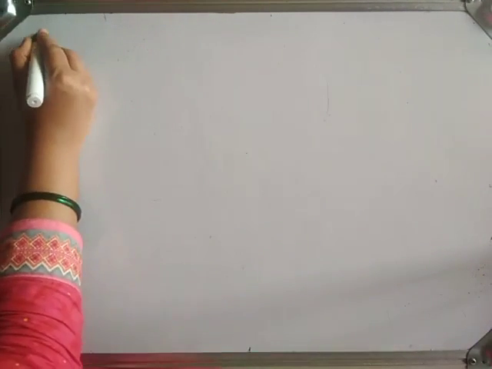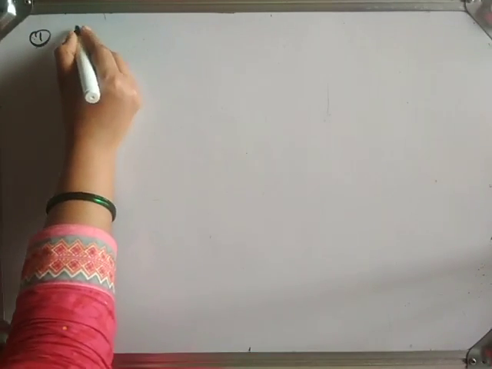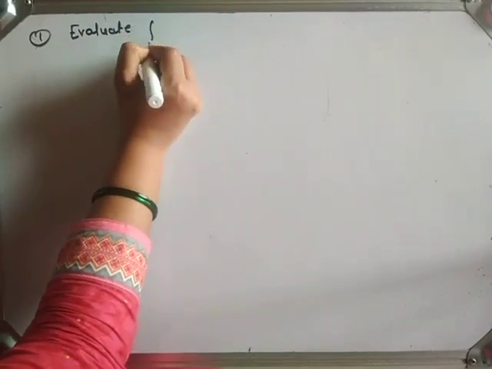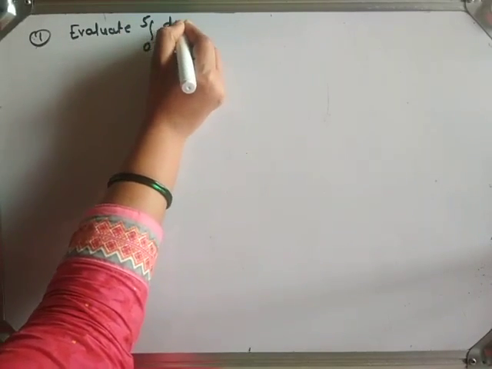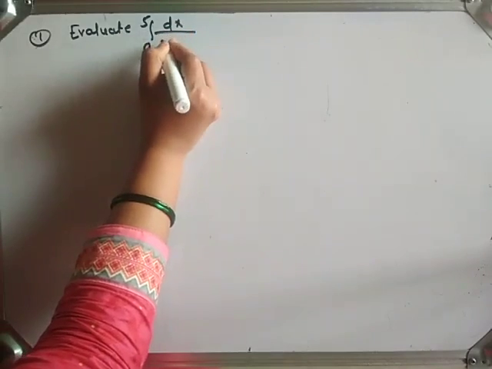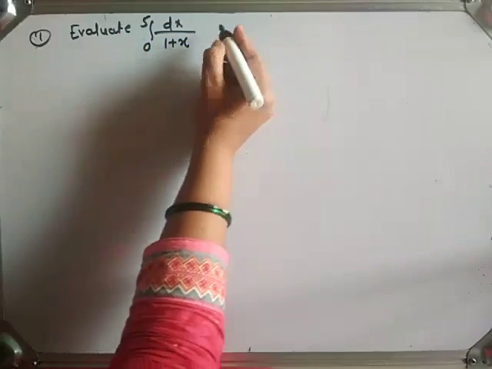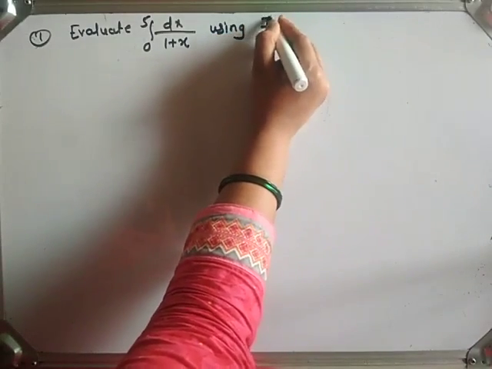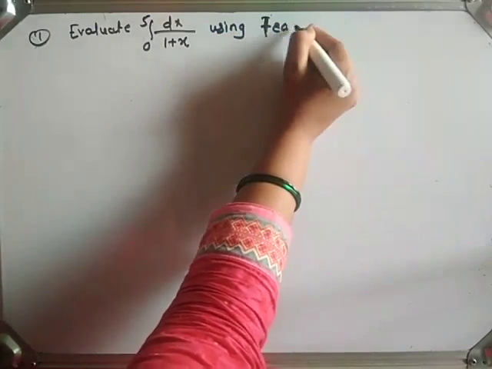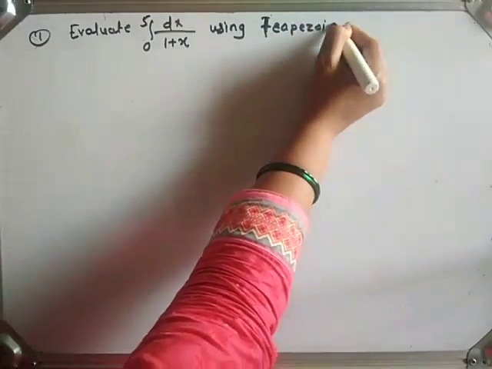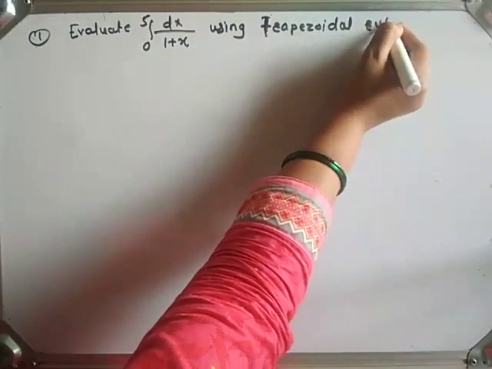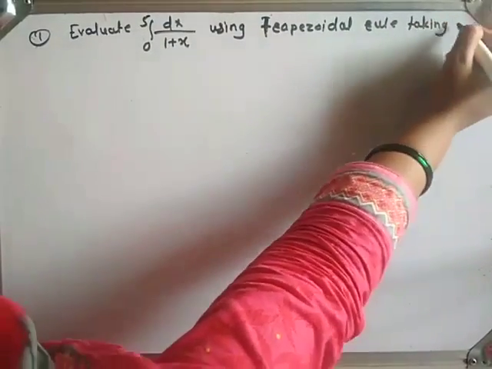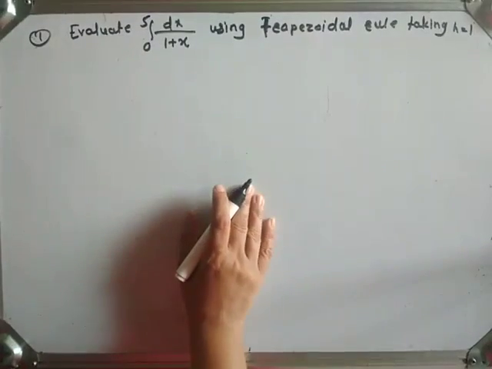First problem is: evaluate the integral from 0 to 5 of dx upon 1 plus x using the trapezoidal rule taking h equals 1.